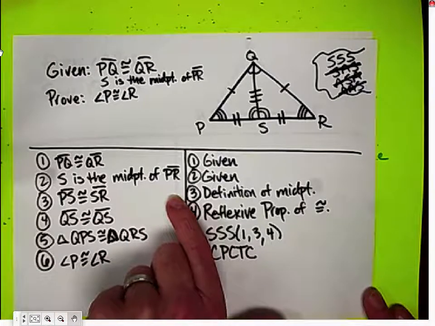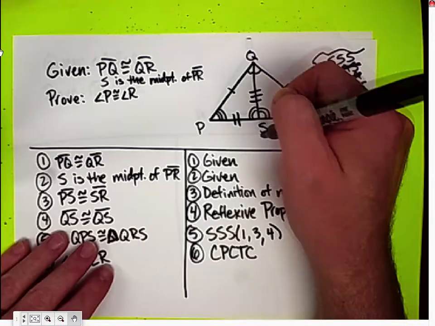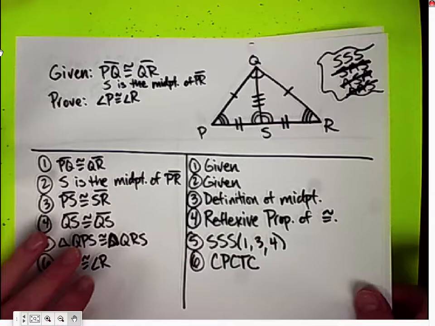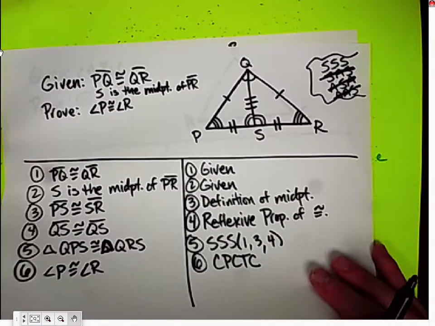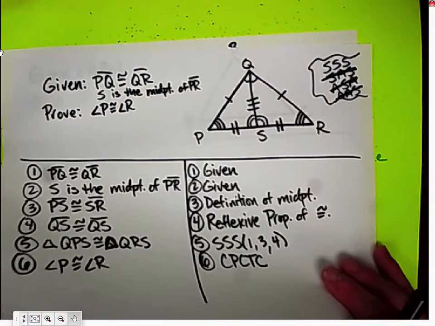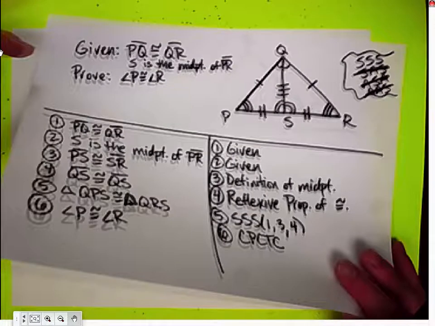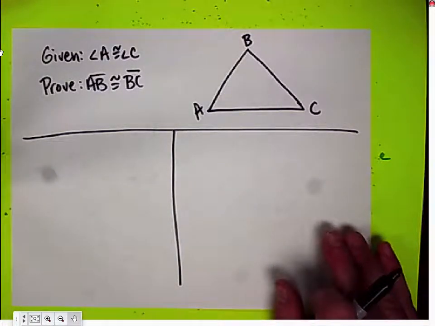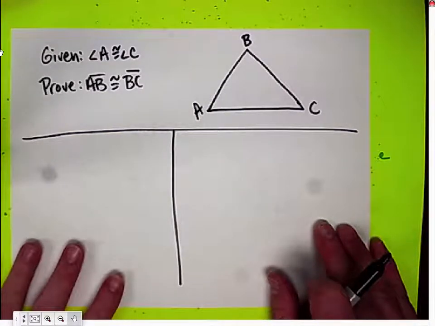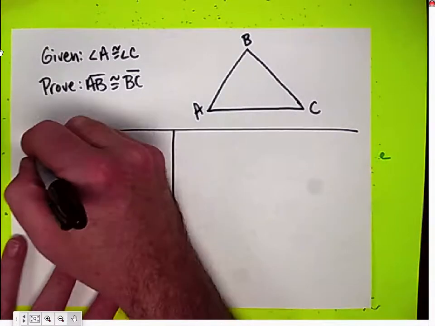Sometimes I do it that way, sometimes not. I'm okay with either way. But just so you can get a feel for both ways, I'm going to make the step where you draw that line one of the steps in the proof.